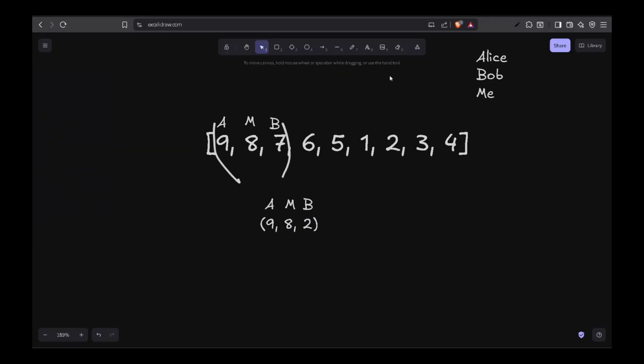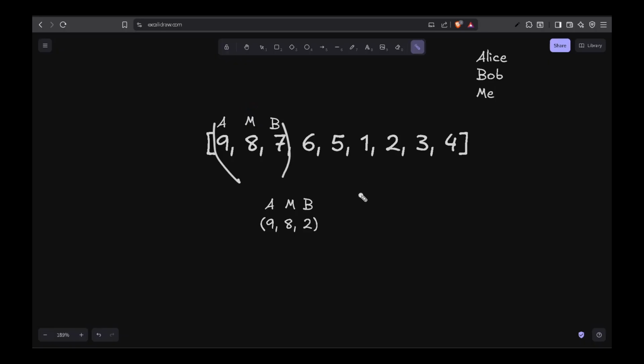Now what's the difference between this pile and this pile, right? If you look closely, here also I got 8. Here also I'm getting 8. Bob got 7. Here Bob is getting 2, and that's the big difference. We are trying to minimize Bob when we are trying to maximize my collection, right?